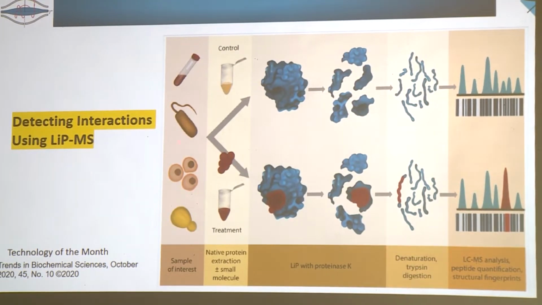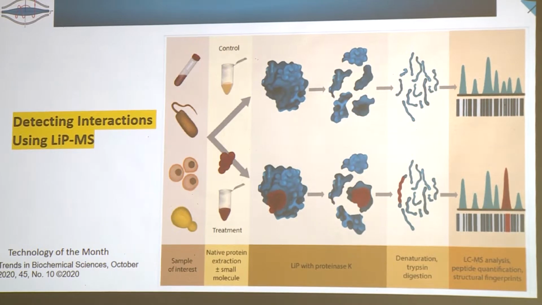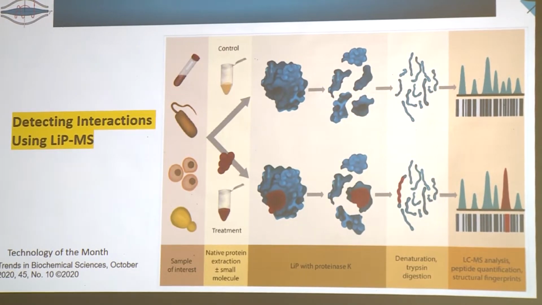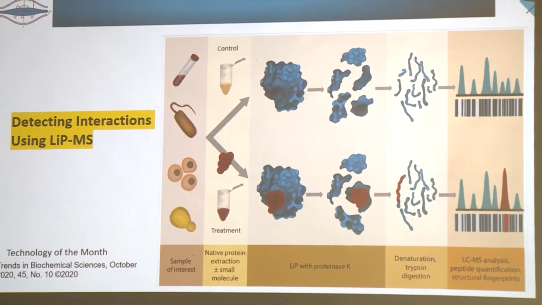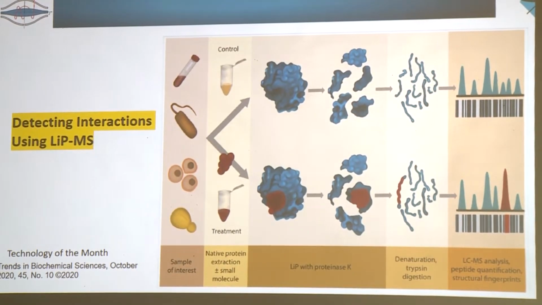You get an extract, then in this extract you induce a phenomenon, like I add a drug or a compound that I want to see how it affects my proteome. Then I will run a LiP experiment, a limited proteolysis experiment, and then I will completely digest. I will denature, I will modify the peptides by alkylation, and I will digest by trypsin.